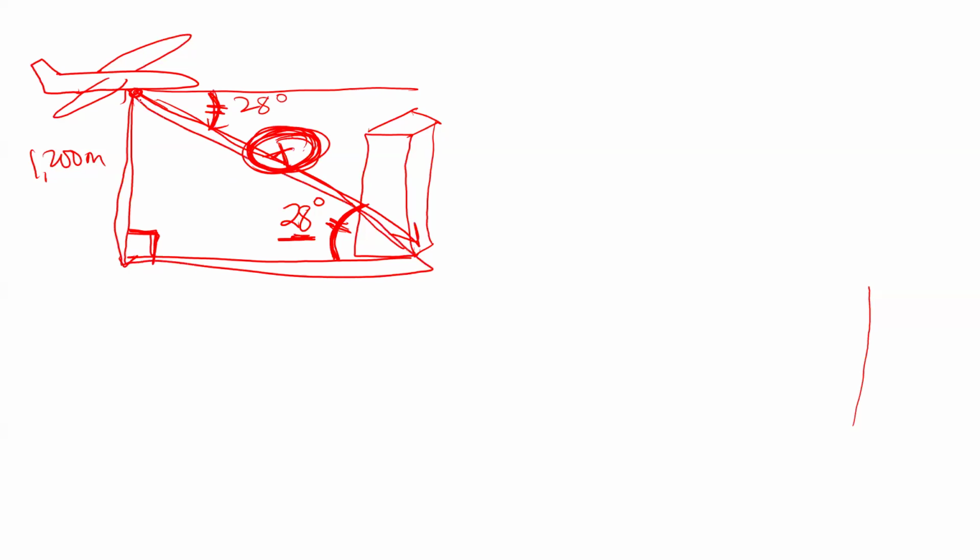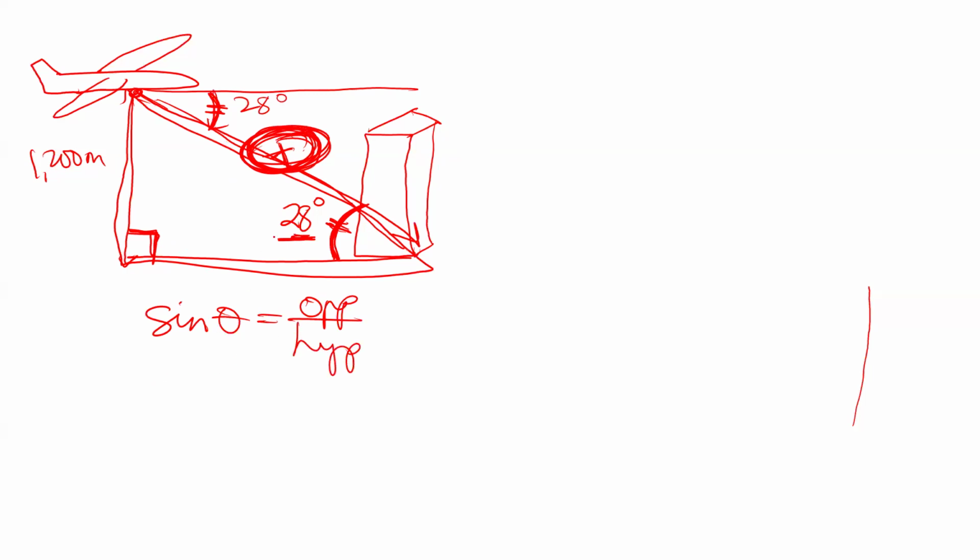Now, which trigonometric ratio should we use so that we can determine the length of the hypotenuse here, or the distance between the airplane and the building? Very good. So if we use sine theta equals opposite over hypotenuse, right?